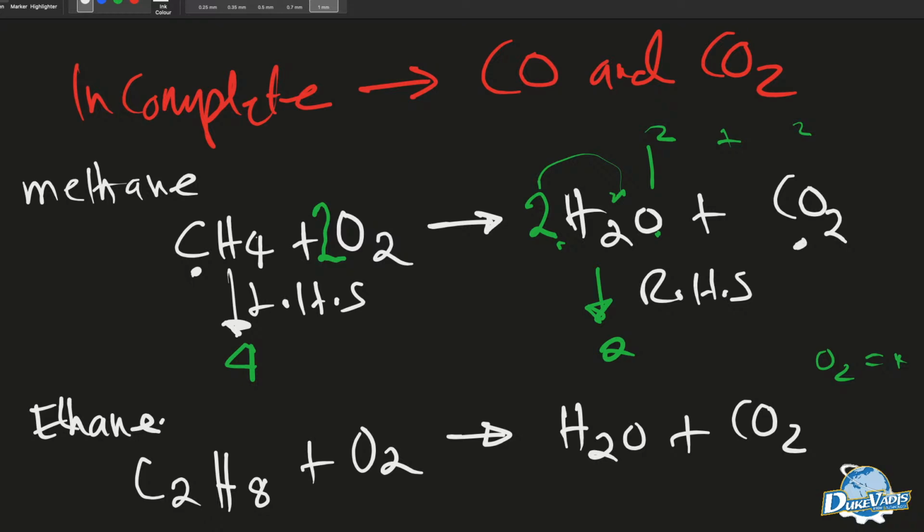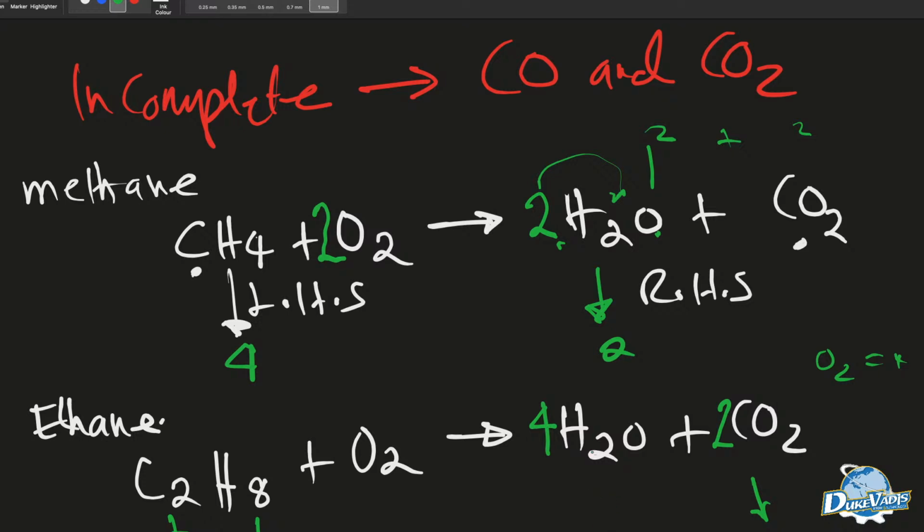Now, as we did with the first one, if we look at this place, we have 2 carbons, and over here we have only 1 carbon. Meaning if I put 2 here, I have 2 CO2, and the carbon here is 2. Then I have my hydrogen here to be 8, meaning if I put 4 here, the hydrogen will be 8 on the right-hand side too.